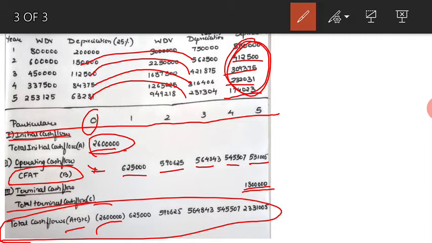Then for year 1 it is nothing in the initial cash flow, nothing in the terminal cash flow, so 6,25,000 as it is, 5,90,625 as it is, 5,64,843 as it is, and 5,45,507 as it is. But in the last year, A is nil, B is 5,31,105, and C is 18 lakhs. So we have to add these two, that is 5,31,105 plus 18 lakhs gives you 23,31,105.